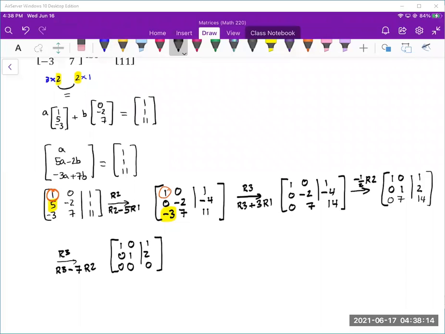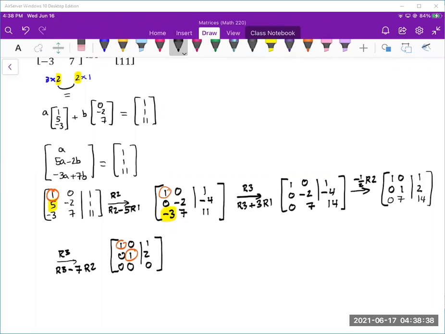Okay, and a little bit more work, which I've written out here, produces an augmented matrix in reduced row echelon form. We have our leading entries moving down and to the right. Above and below each of these leading entries, we have all zeros. We can interpret this and write out our solutions.